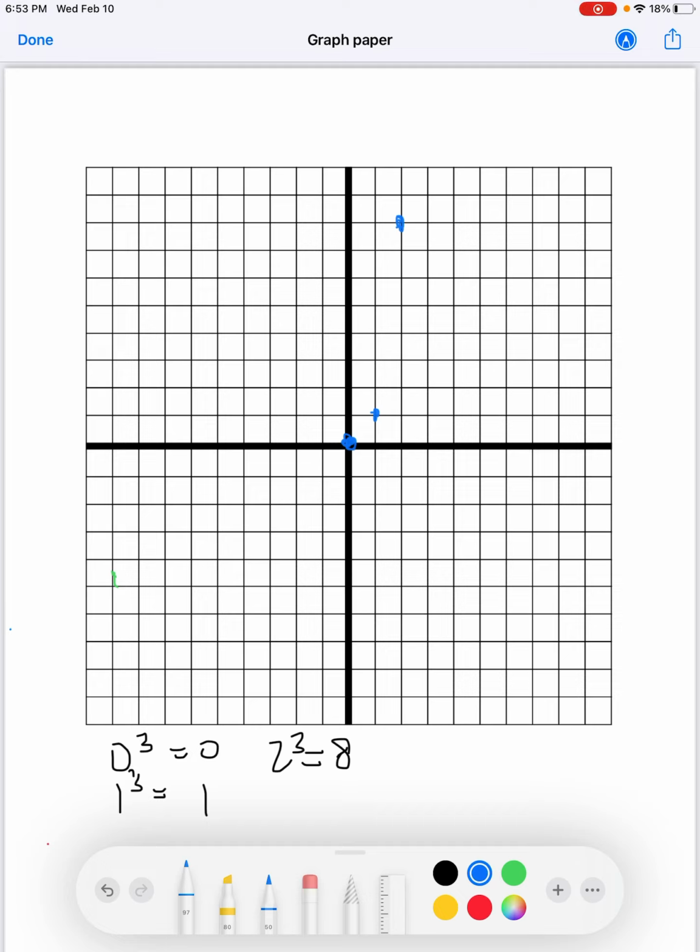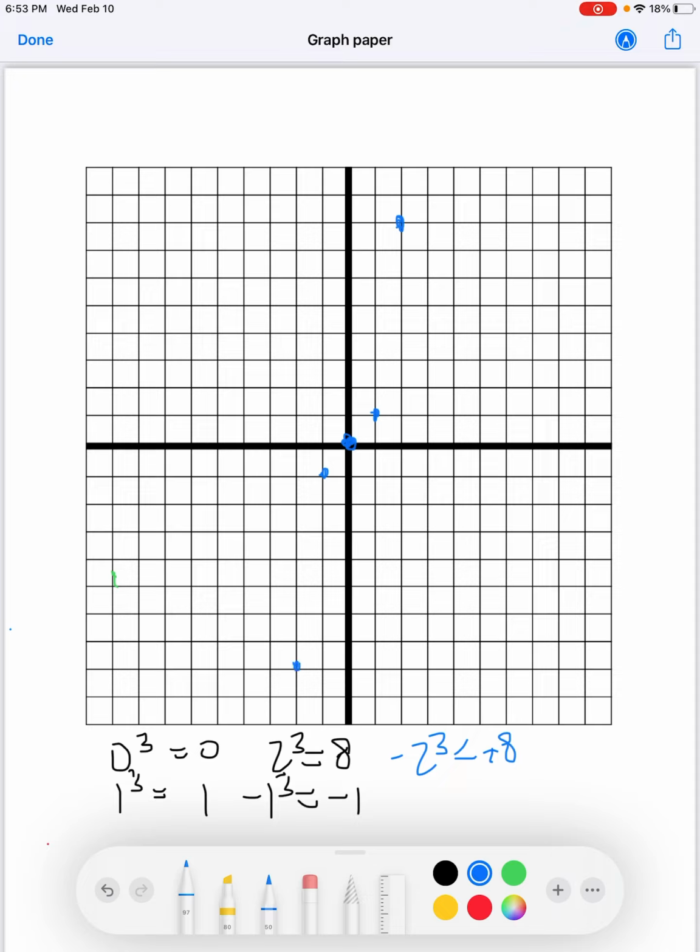And then it's going to be reversed because negative 1 cubed is negative 1. So we have negative 1 right here. And then you can tell that negative 2 cubed is negative 8. So we have negative 2, negative 8.